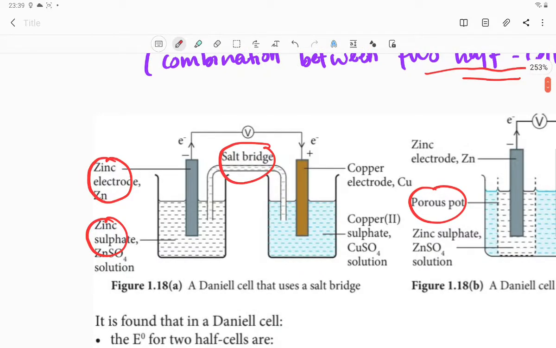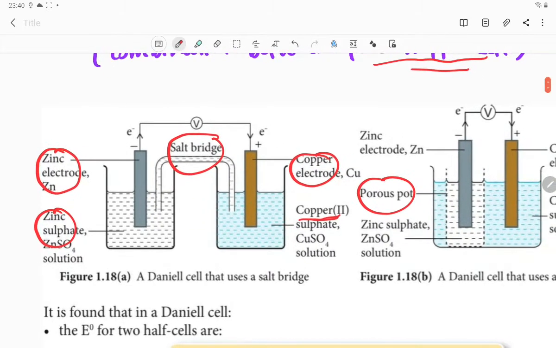So same goes with the other half cell. Let's say copper, this must be dipped into solution electrolyte that contain copper 2 ions. Okay, copper 2 sulfate also can, copper 2 chloride also can.